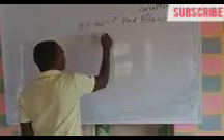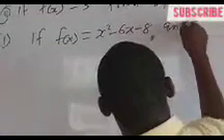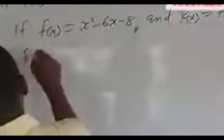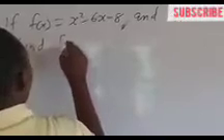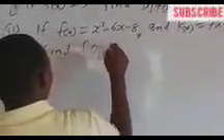Question 2: if f of x equals s squared minus 6s minus 8, and g of x equals 7s minus 1, find f of g of k.